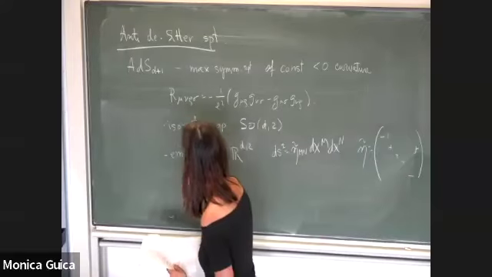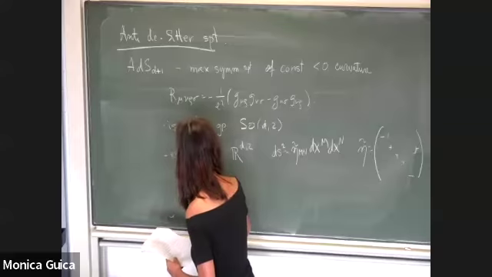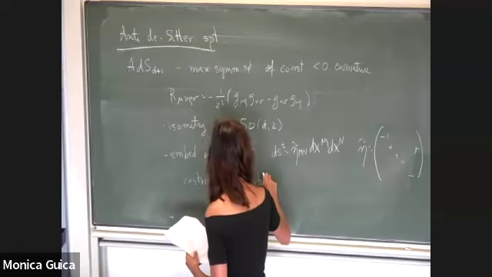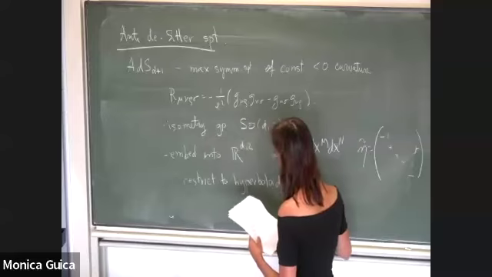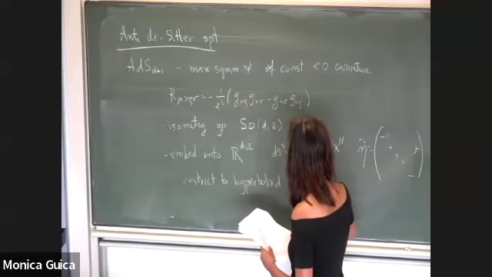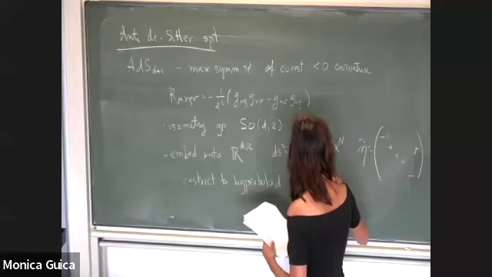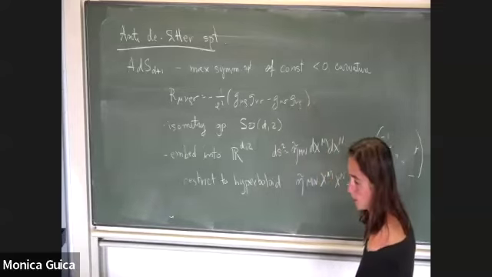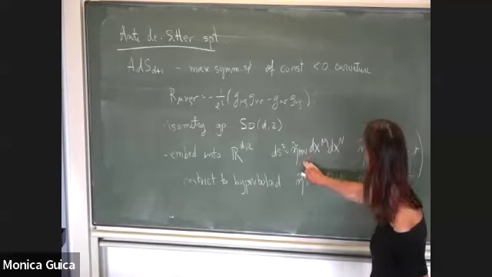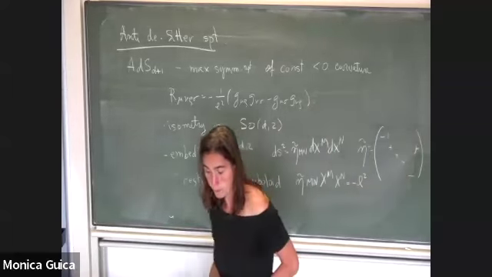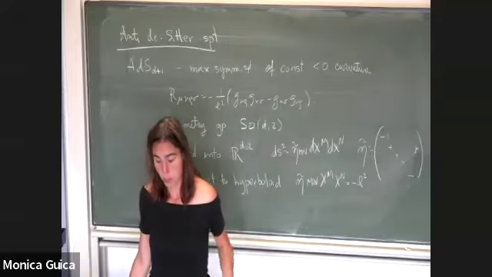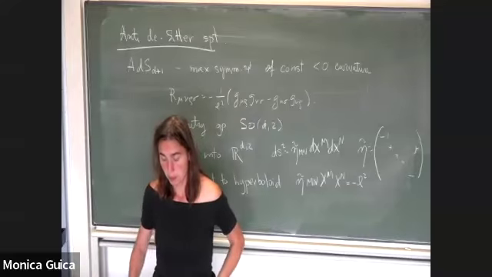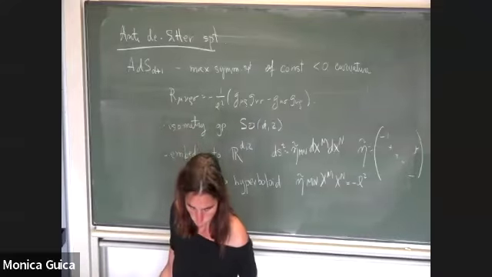And then you restrict to the hyperboloid η̃_{MN} x^M x^N = -L². So you see the entire construction, both this η̃ and the restriction, is SO(d,2) invariant because η̃ had that symmetry. So obviously what you're going to get is going to have this isometry, which is what we wanted.